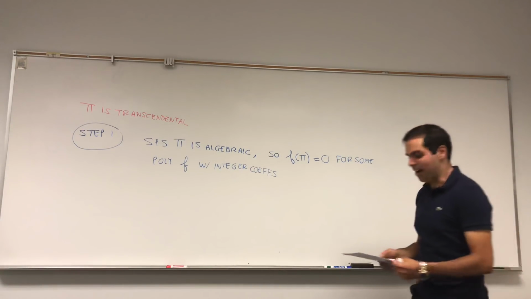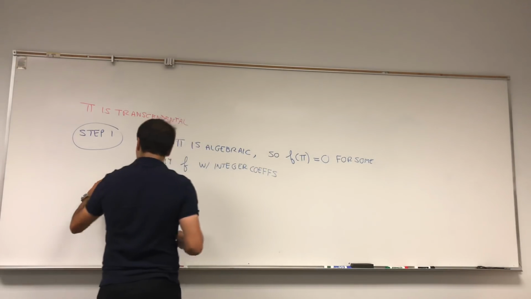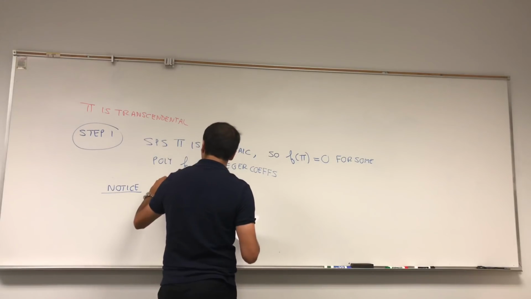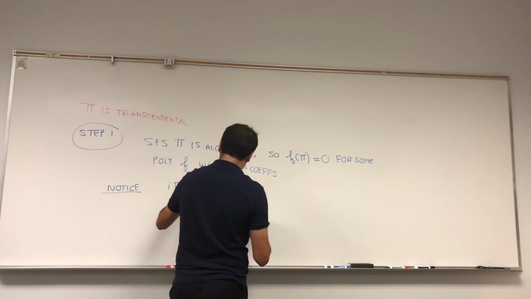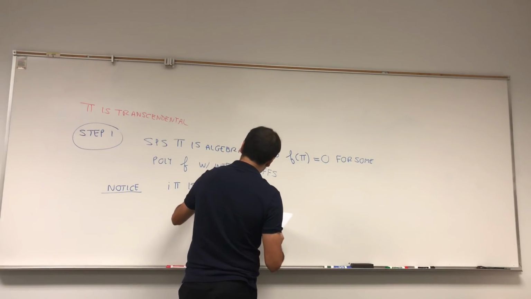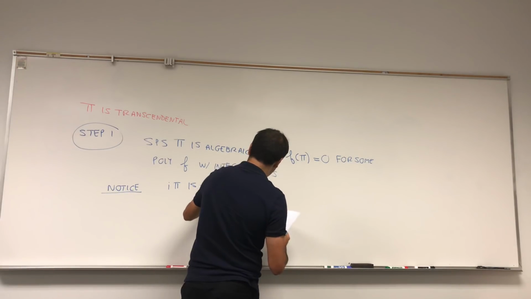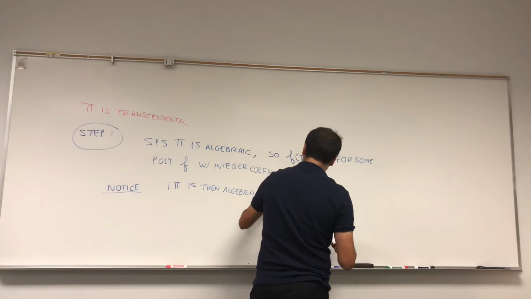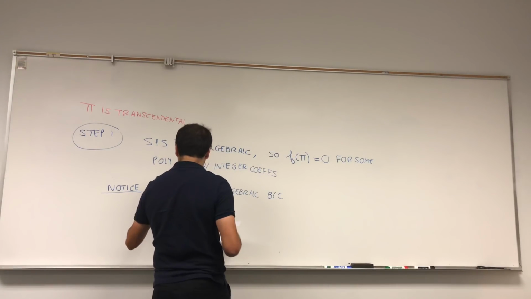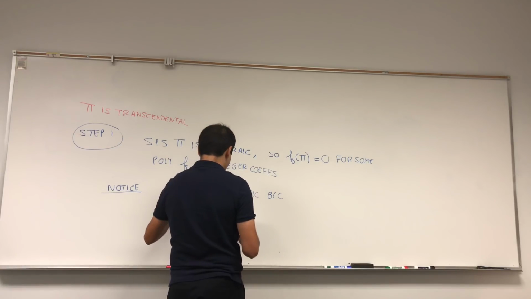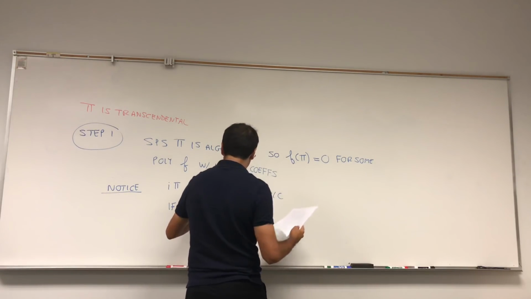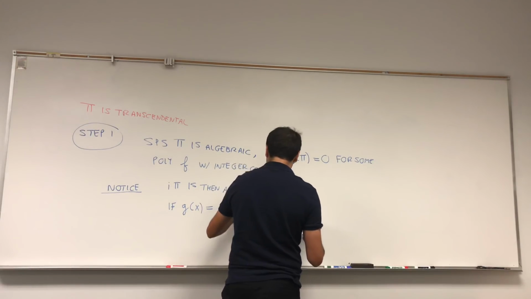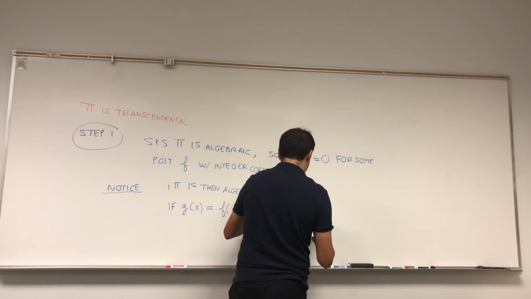And it turns out, and you'll see it's pretty cool, we won't really care about pi as much as we'll care about i pi. So notice, if pi were algebraic, then so would be i pi. Why? Because consider the following polynomial. Let g be f evaluated at ix times f evaluated at minus ix.